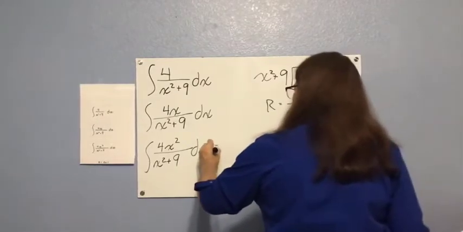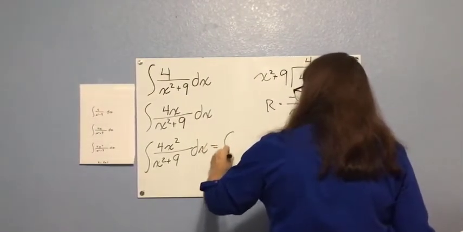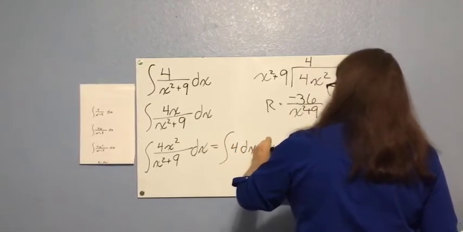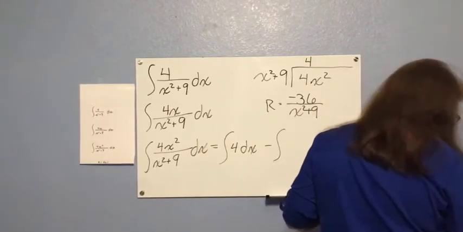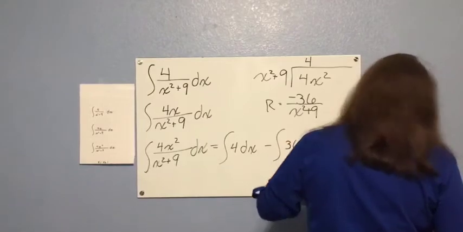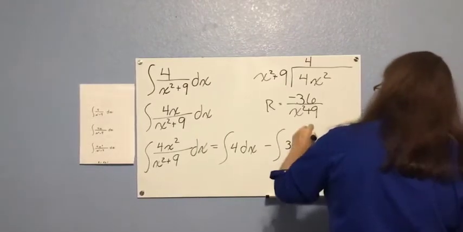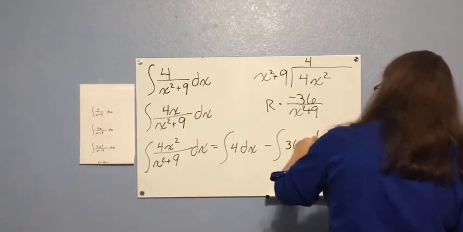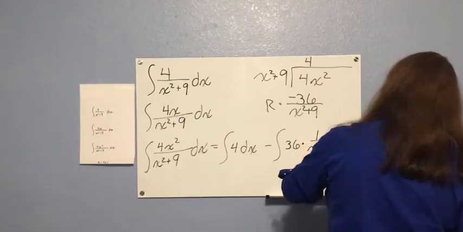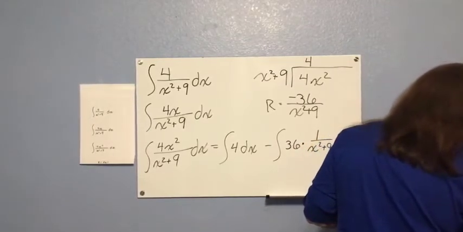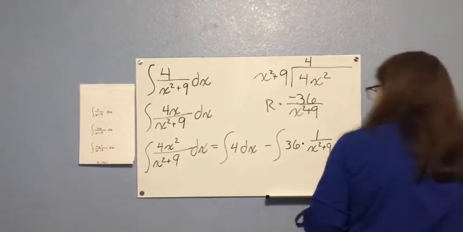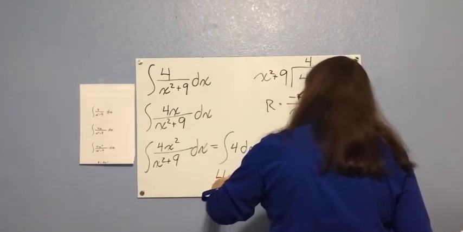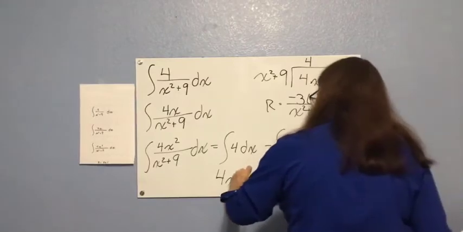Okay, so now I'm going to break this up into 2 pieces. Okay, the 4dx is just going to give me 4x. I'm going to bring this 36 out.